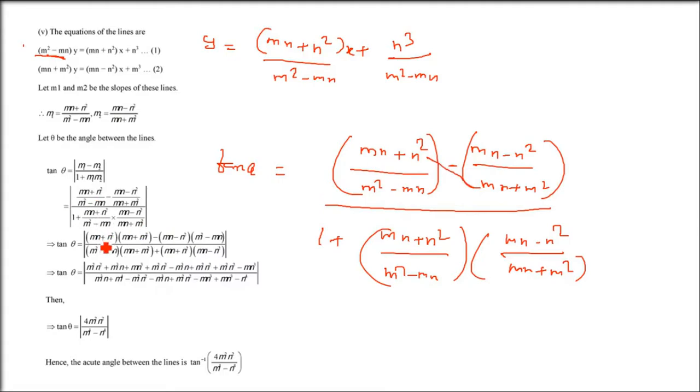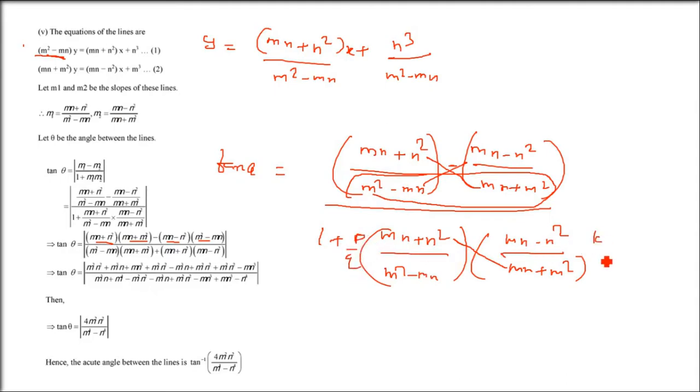Multiply these two: cross multiply, taking the LCM. I'm multiplying m square minus mn and mn minus n square. These two multiplications I did. And in the denominator you will get m square minus mn and mn plus m square. Here also, in the denominator, because this is 1 plus, this m square minus mn and mn plus m square.